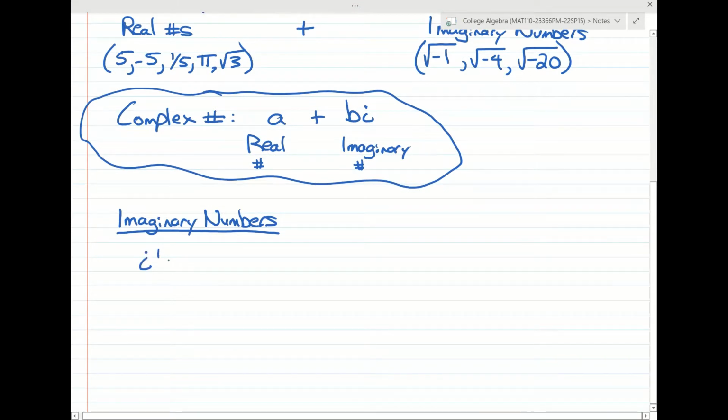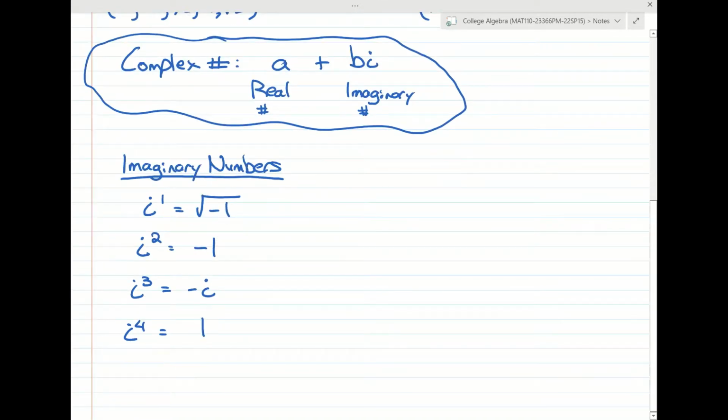First one is i to the first, and by definition, that's the square root of -1. i to the second is -1. i to the third is -i. i to the fourth is just 1. You have to know those. I write my i's with tails on them, just so they don't look like 1s. So I keep them separate.